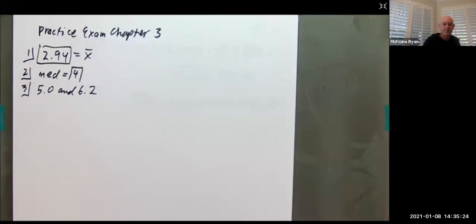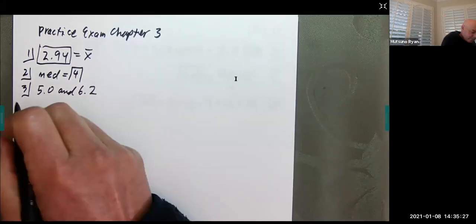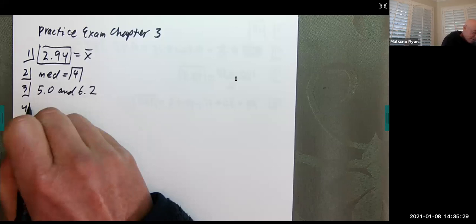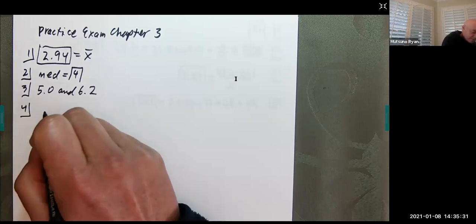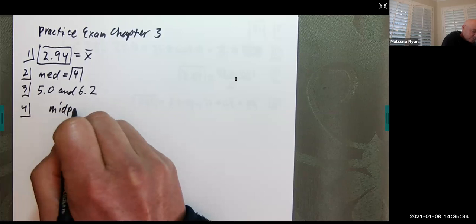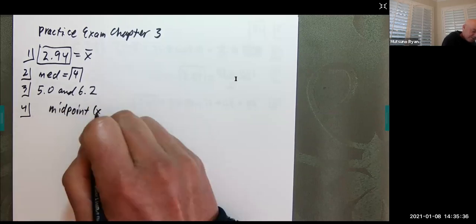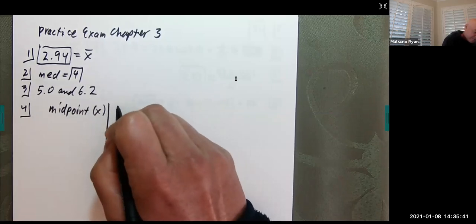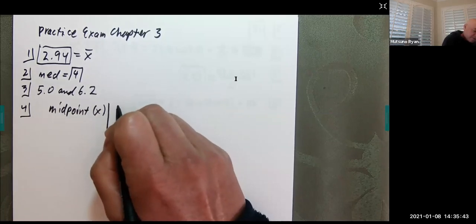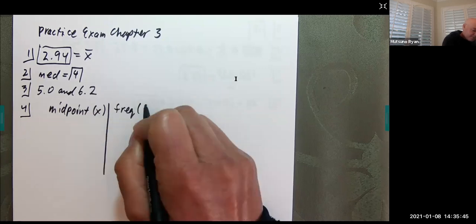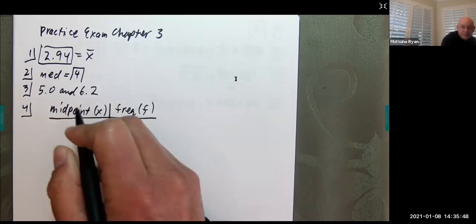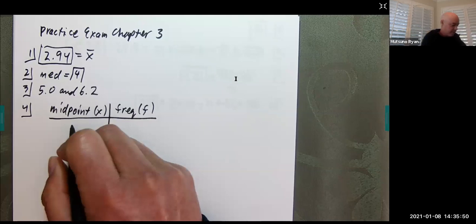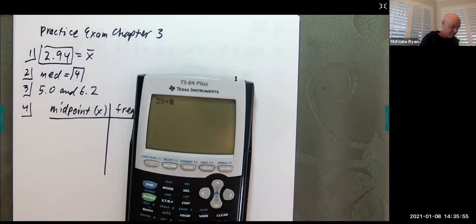So for number 4, the midpoints, which we'll call X, versus the frequency, this is what we'll call F. So the midpoint for the first one is going to be 39 plus 30 divided by 2.